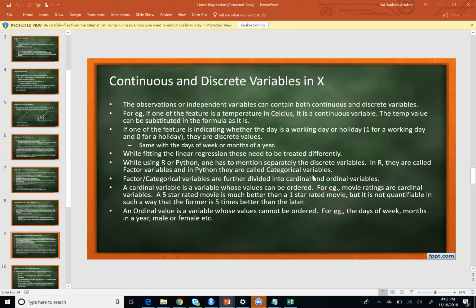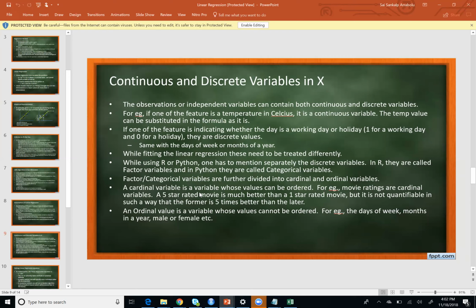We actually had a function called categorical, which converted them into numbers, right? So in R, they're called factor variables. Factor or categorical variables are further divided into cardinal or ordinal variables, which we need not worry about now. The R function will take care of it.